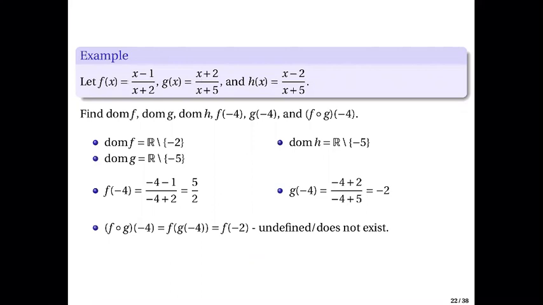You already calculated g of negative 4 and it's equal to negative 2, so g of negative 4 is always negative 2? For this guy, yes, because this is your function g. So there is a connection between the two. Yes.